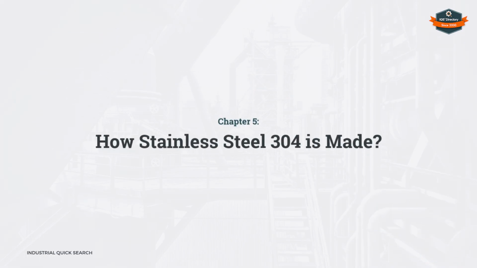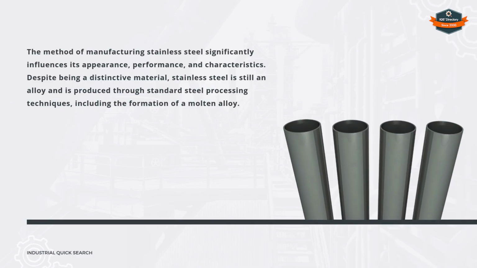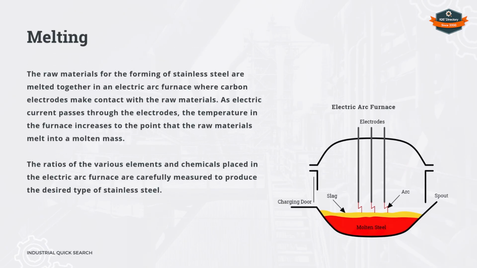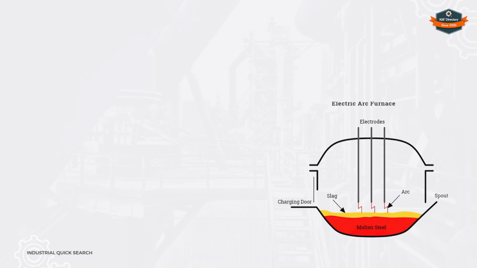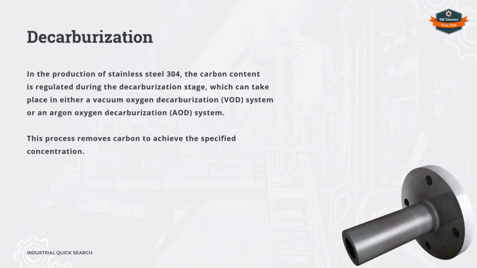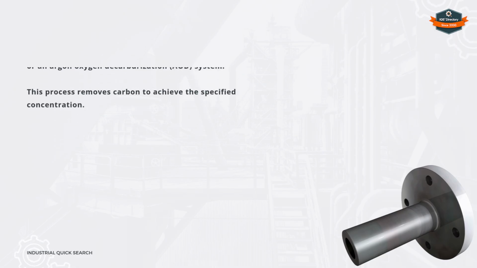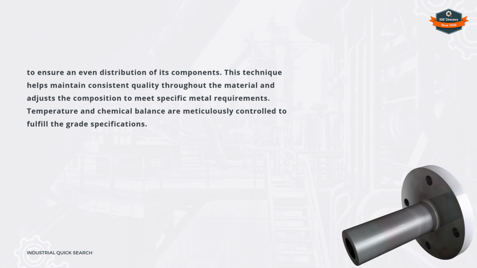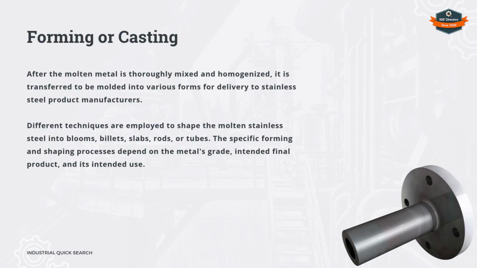Chapter 5. How stainless steel 304 is made. Melting. Decarburization. Tuning. Forming or casting.